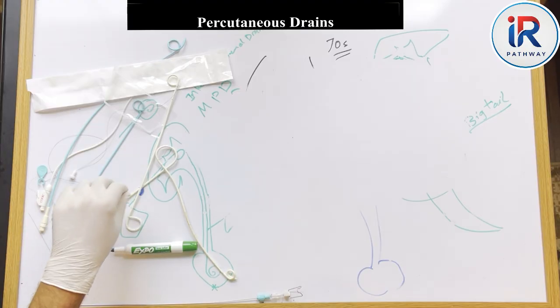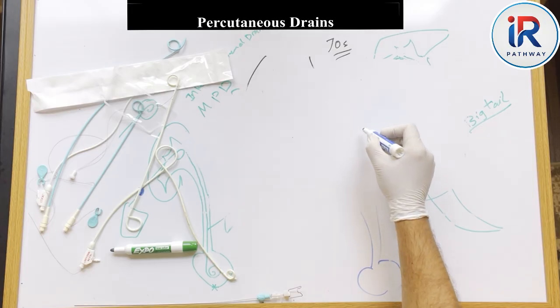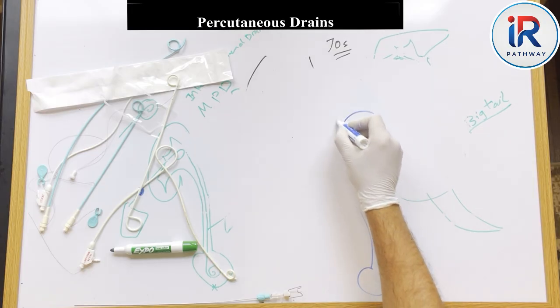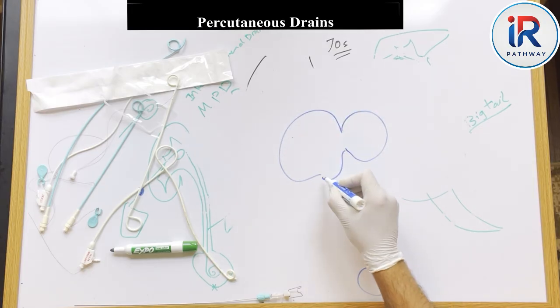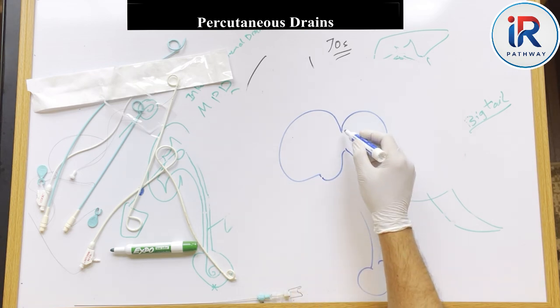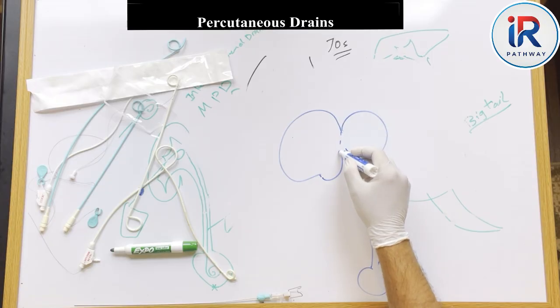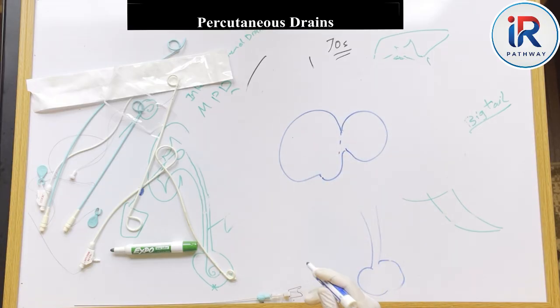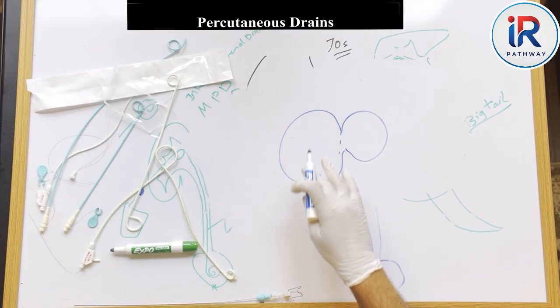Now, one more point: if we have a multiloculated collection like this, and we want to drain it. Septations may make pockets non-communicating with each other.